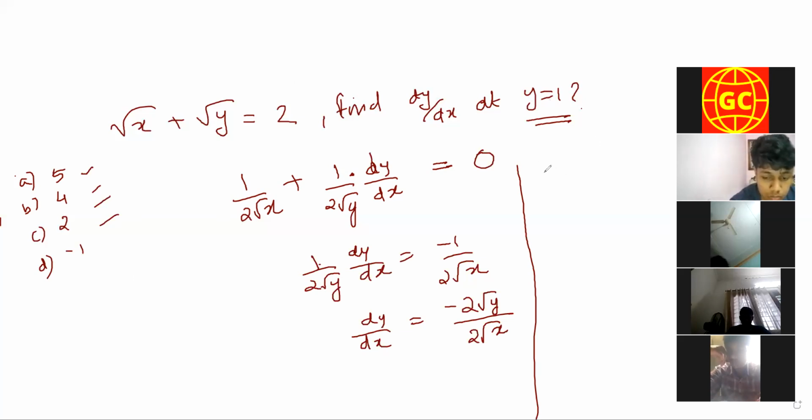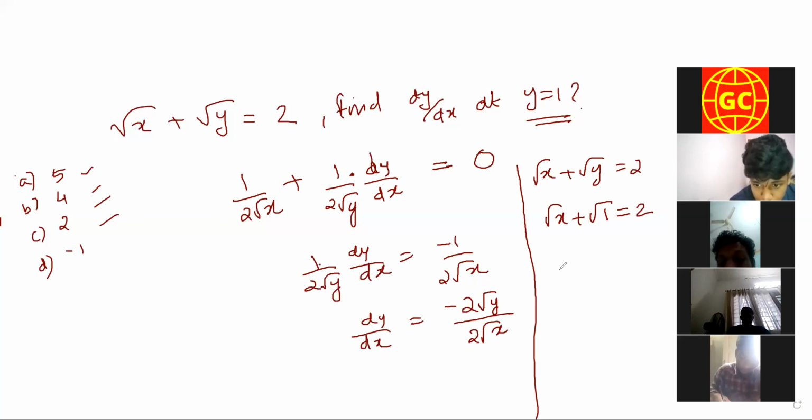So y equal to 1. Root x plus root y is equal to 2, that is the question given. Now put y is 1, that is root 1, equal to 2. So root x plus 1 equal to 2. So root x equal to 1, x equal to 1.